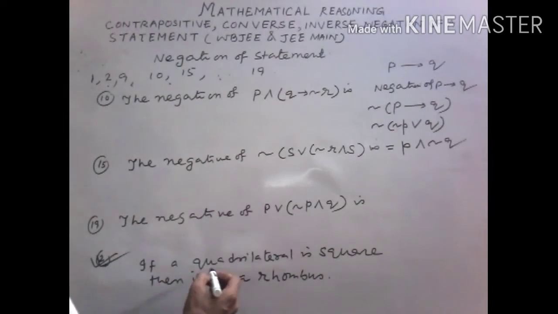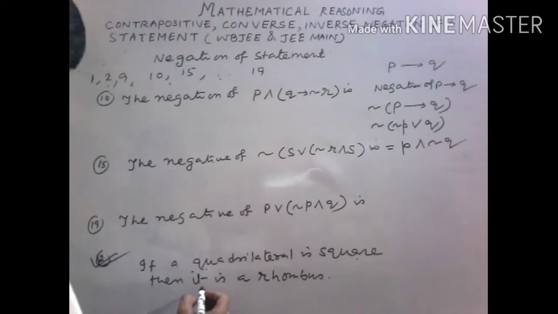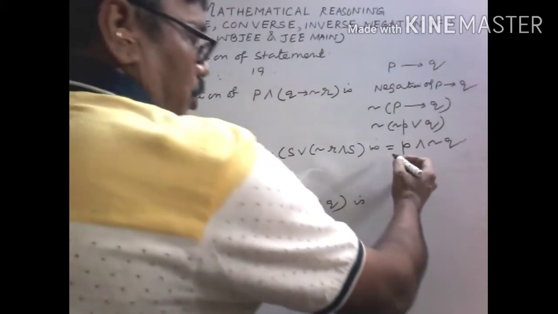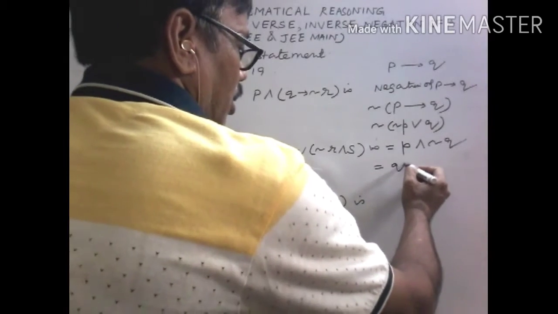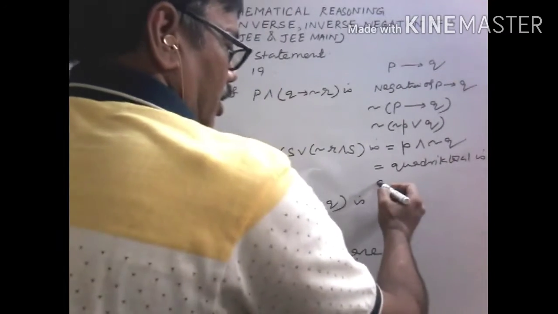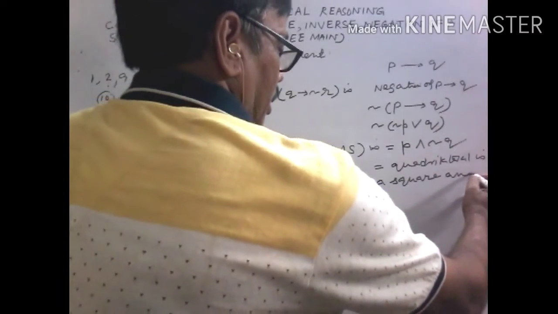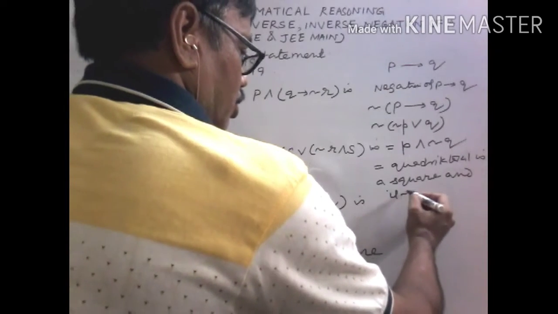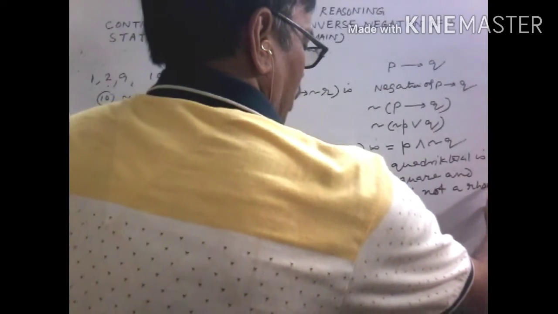Now what is P? Quadrilateral is a square. And Q is, it is a rhombus. So if we write it in terms of language, P: quadrilateral is a square, and, negation Q: it is not a rhombus.